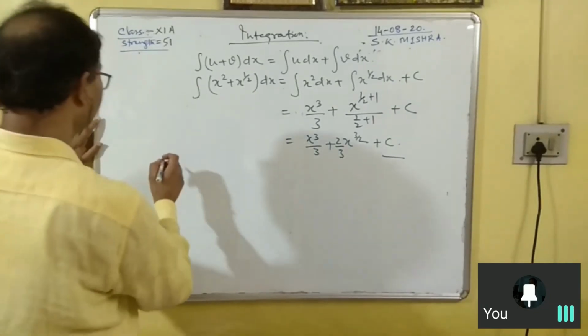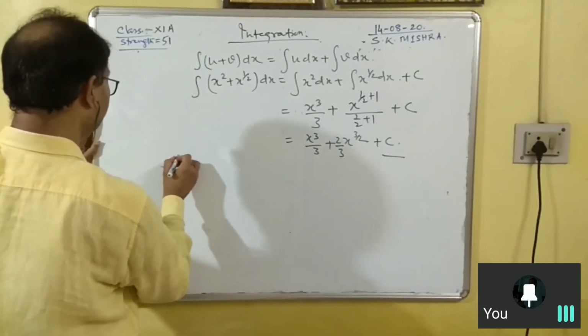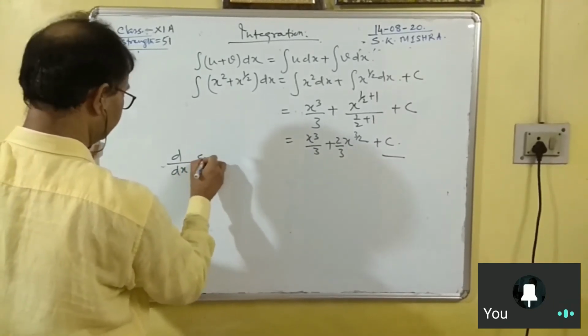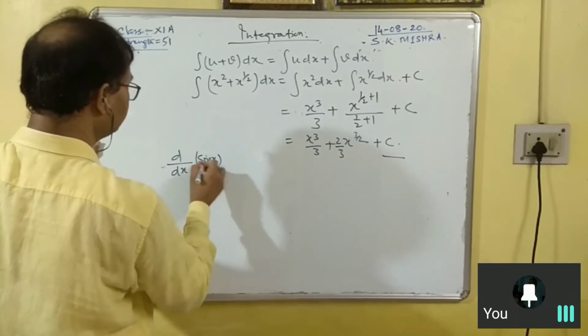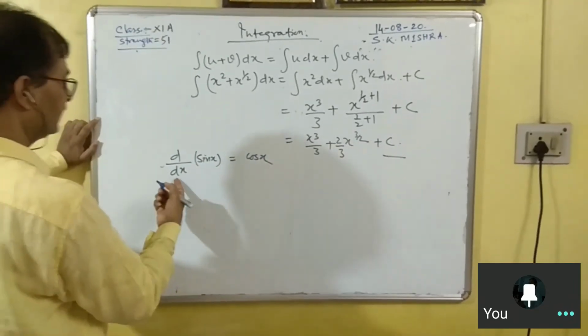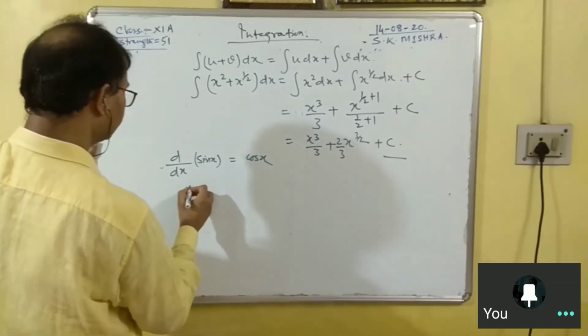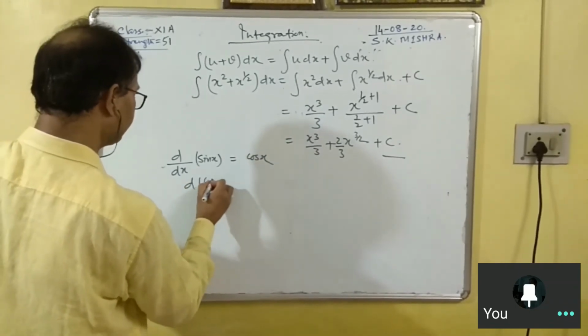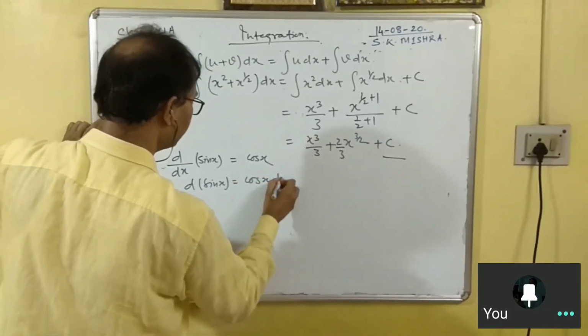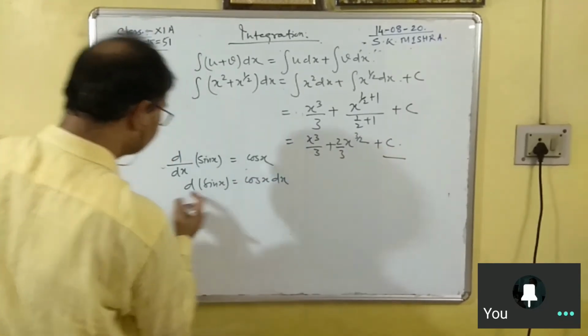I am writing the formula d by dx of sin x. It's how much? Differentiation of sin x is cos x. Okay. So if you take dx this side, then d of sin x is cos x dx. And if you integrate it, this d will disappear.